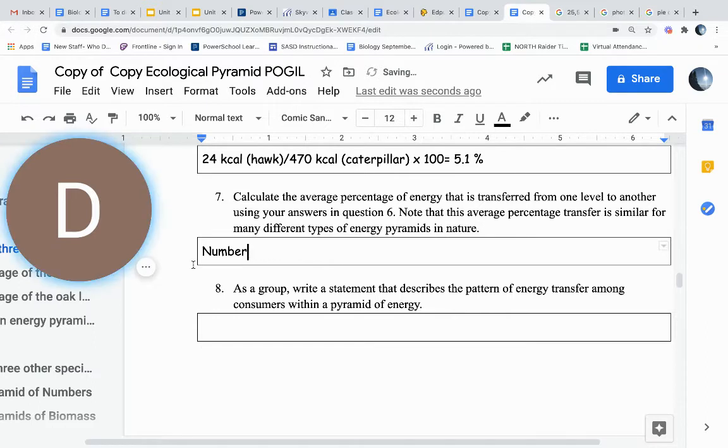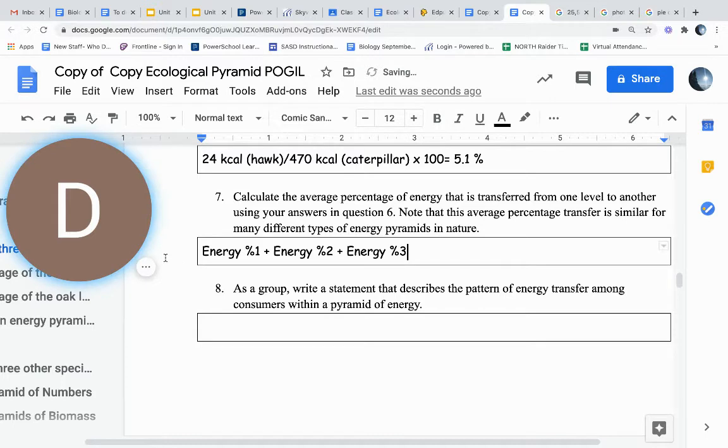So essentially energy percentage number 1 plus energy percentage number 2 plus energy percentage number 3.